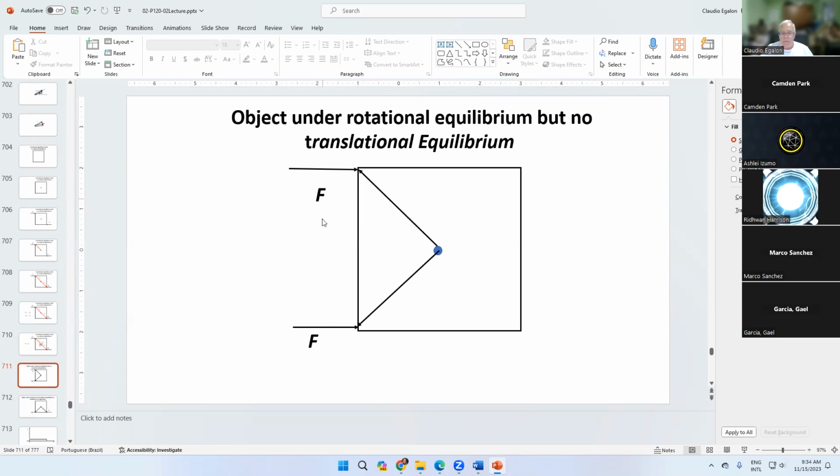Here you go. We have force 1, force 2, R1 vector, R2 vector. This force is generating a clockwise torque. This other force is generating a counterclockwise torque. So the torque generated by this force is going to counter the torque generated by this other force. But there will be a net force because those two forces are going to be adding to the right.